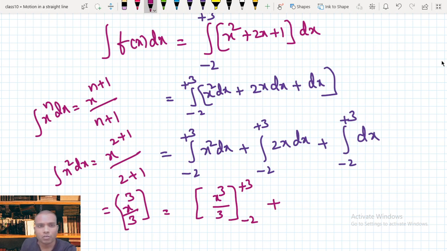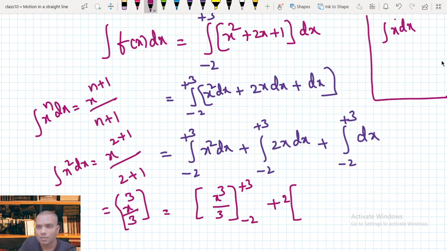Now we need to do the integration for the second term, 2x. That is also in terms of x dx. The number 2 we cannot integrate, so I can write it outside. Now we need to do the integration for x dx.